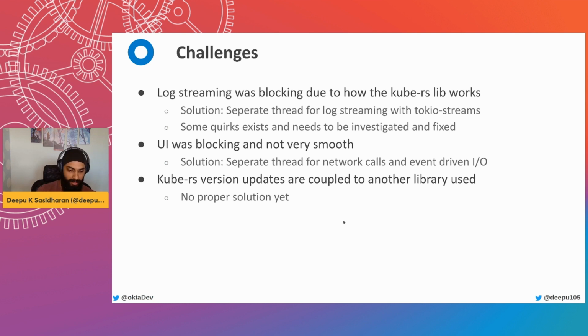I had to switch around a few Tokio plugin libraries, so that I can add polling, retries, and these kinds of things. But in the end, a separate thread for streaming and switching to Tokio streams helped with some of the issues that I was facing. There are still some quirks which I haven't ironed out yet. I'm assuming that as I learn more and as I become better in the overall Rust async world, I can fix some of those.